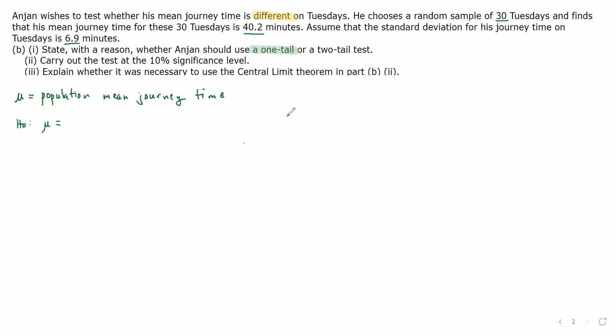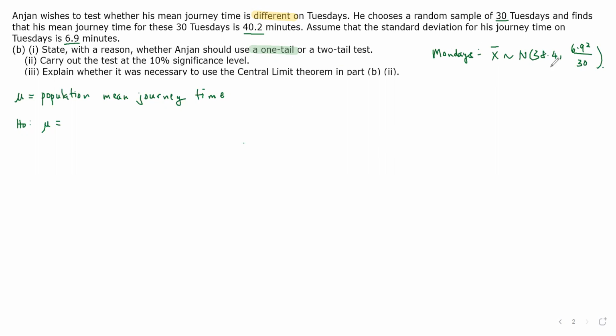On Monday, we saw that X bar follows a normal distribution with a mean of 38.4, and then we have a variance of 6.9 squared over 30.